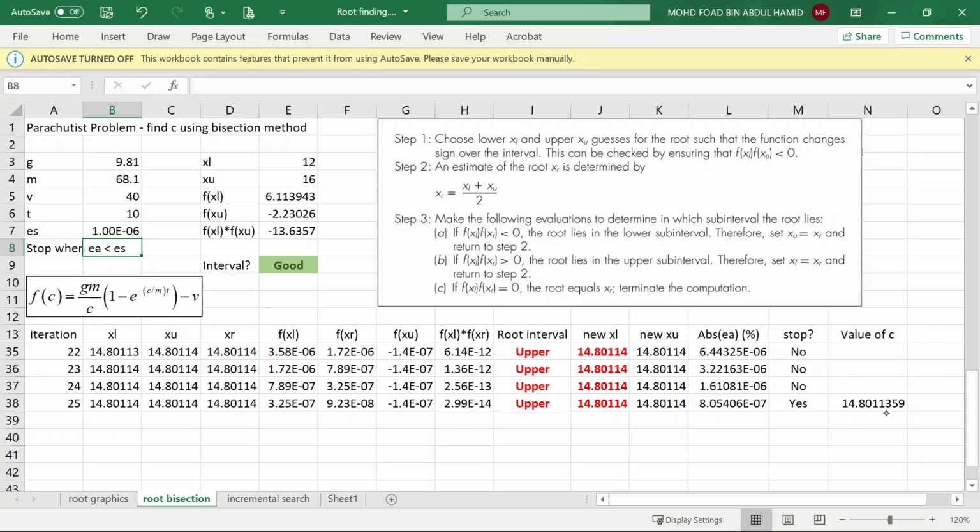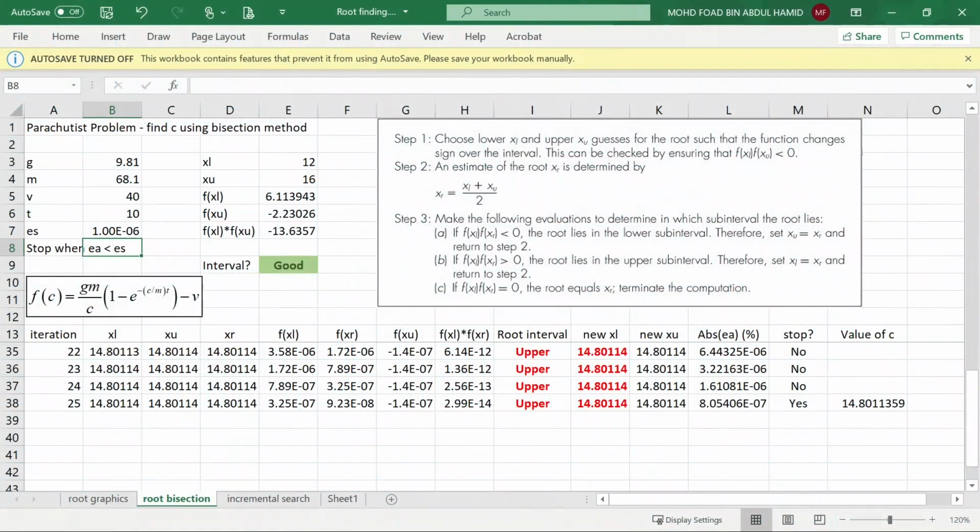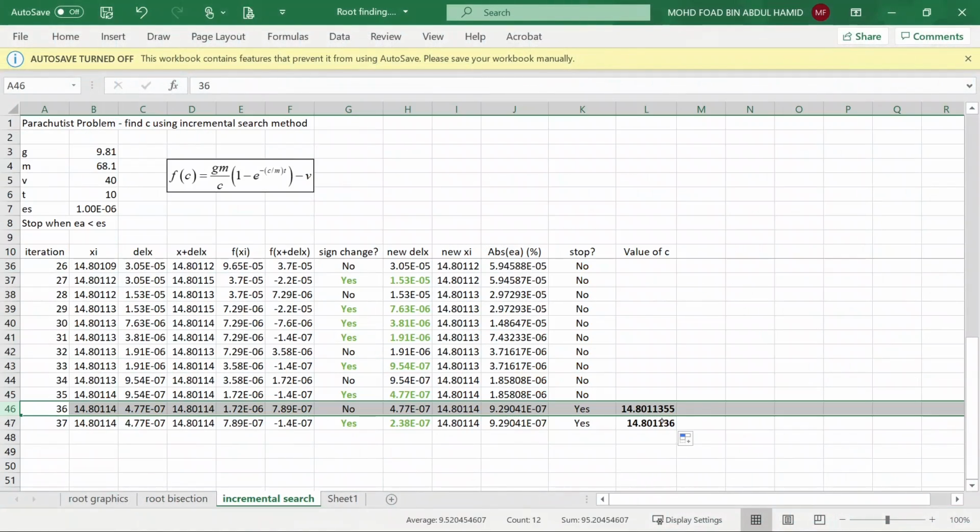In this case, this is the whole solution, 14.8011359. If we round the incremental search method result, it becomes 14.80114, which is the same number as bisection.